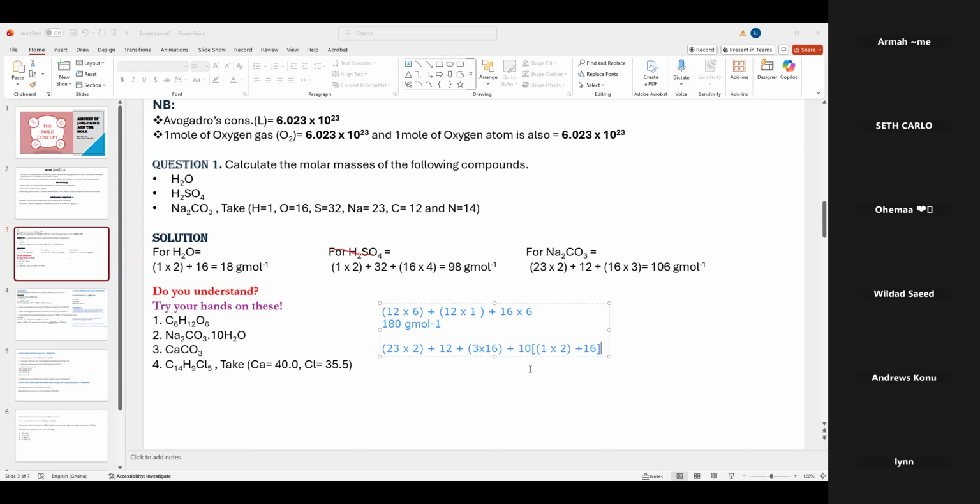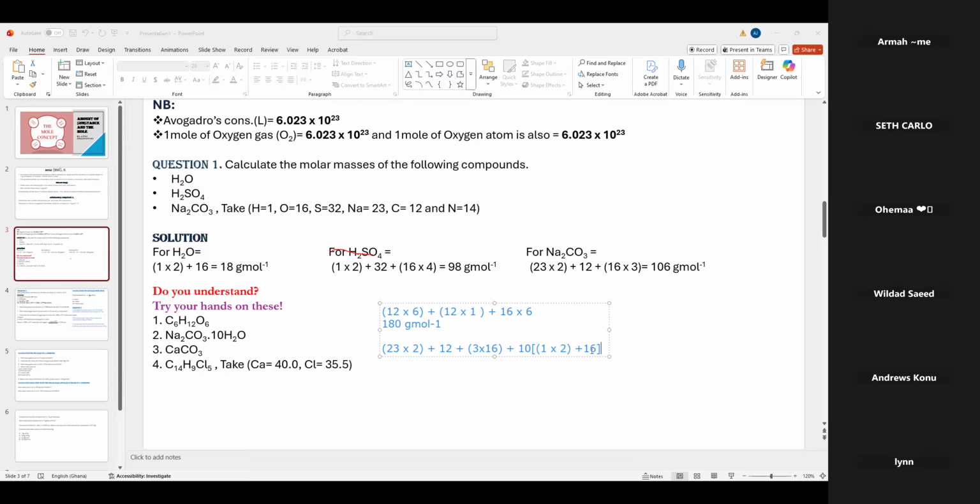So what it means is that you first of all find the molar mass of water, and let's even ignore the 10. What is water? Water is H2O. So H2O will mean that you have 1 times 2 plus 16. So molar mass of water in all will be 18.